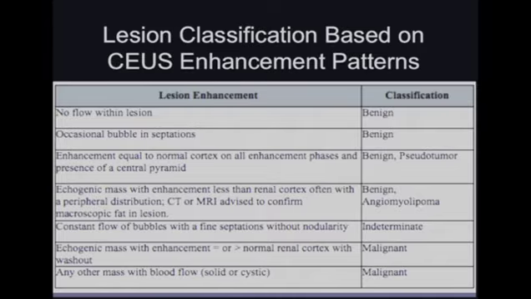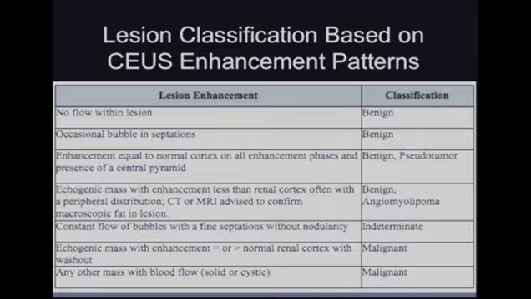If there was enhancement equal to normal cortex in all enhancement phases, and there was a presence of a central pyramid, we considered that benign as a pseudotumor. Echogenic mass with enhancement less than renal cortex, often with a peripheral distribution, we considered a benign angiomyolipoma, but always obtained a CT or MRI to confirm the presence of macroscopic fat in the lesion.